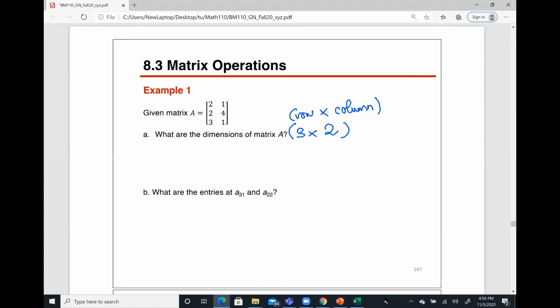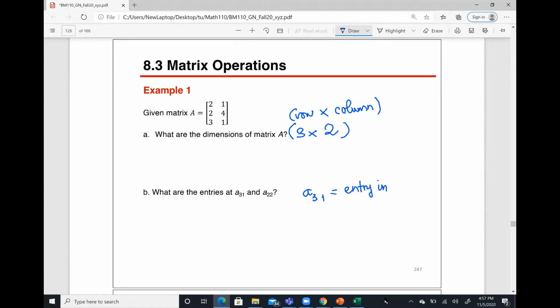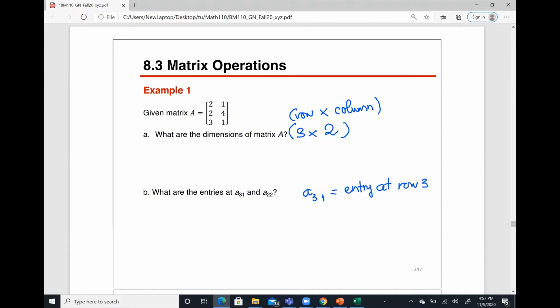Now problem B: what are the entries at A31 and A22? A sub 31 means the entry at row 3 and column 1.